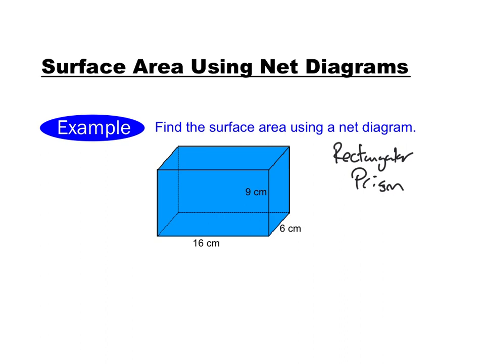How many sides are there on a rectangular prism before I unfolded it? How many faces are there? There's 6.